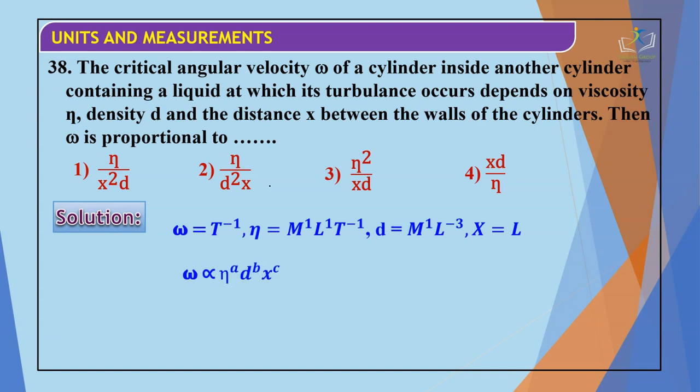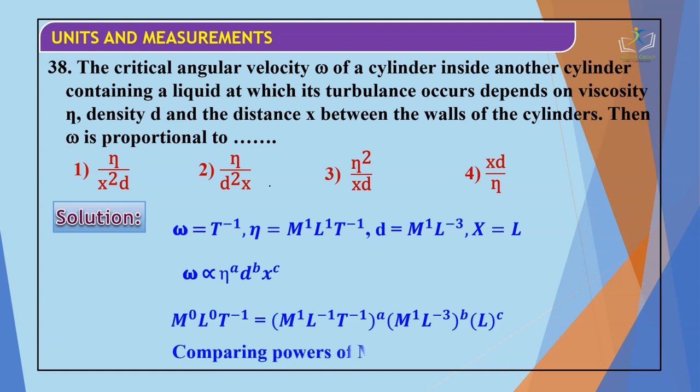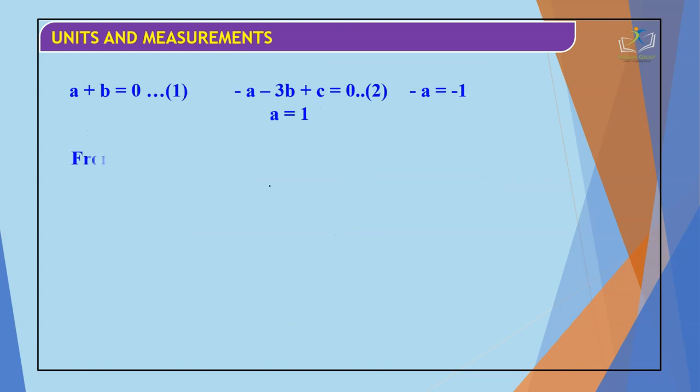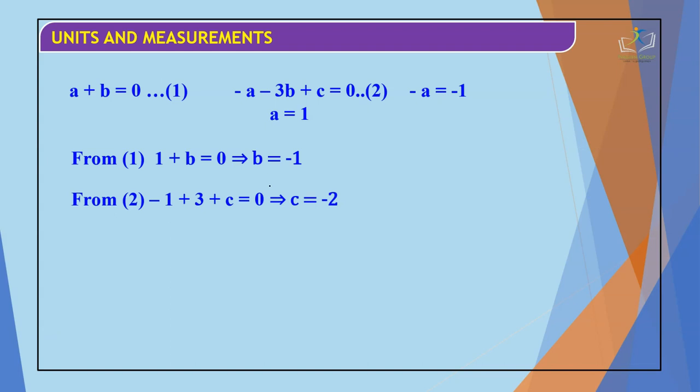According to the dimensions, eta is ML minus 1 T minus 1, density D is ML minus 3, x is L. We put all these values and compare the powers of MLT, and get the result a equals 1, b equals minus 1 and c equals minus 2. I hope with this little solution you are capable enough to solve this part. So the final answer is option 1.